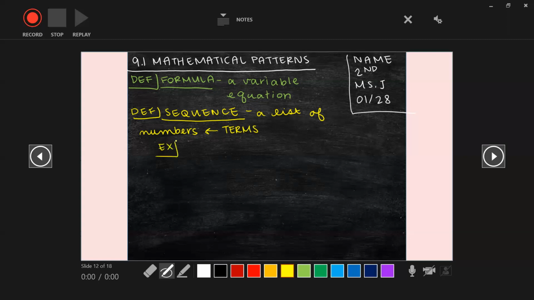An example of a sequence is going to be like this, where the entire thing is the sequence and each individual part is a term.